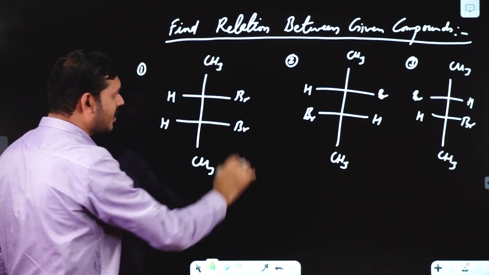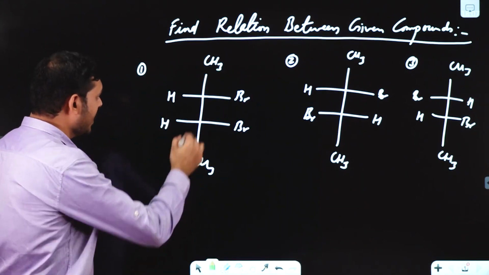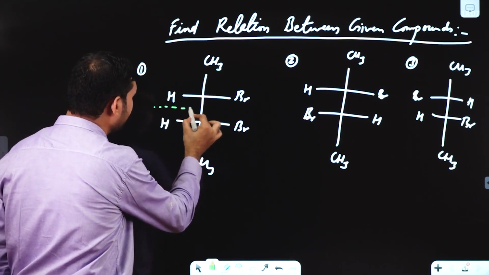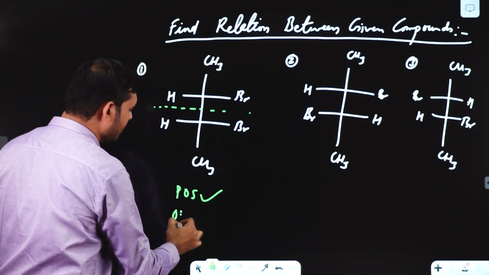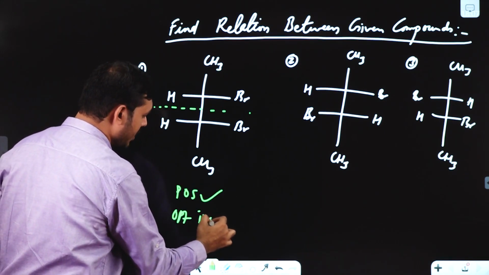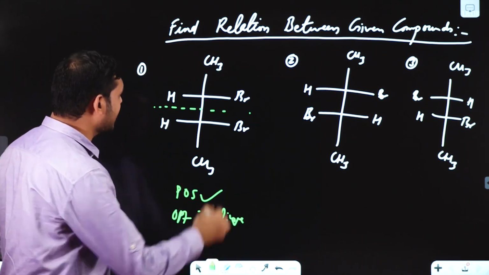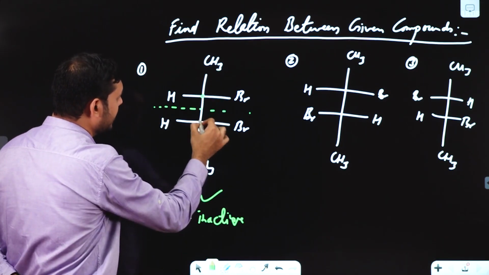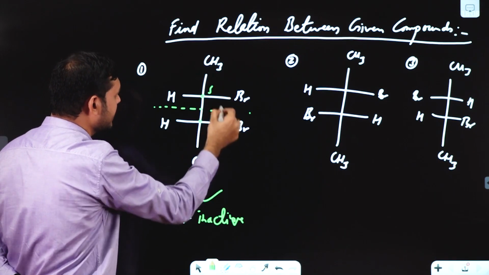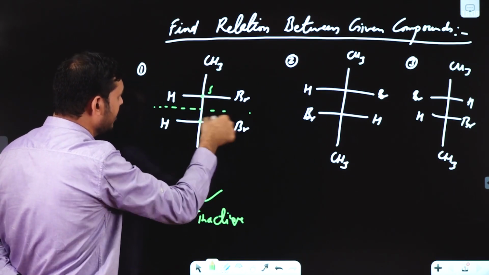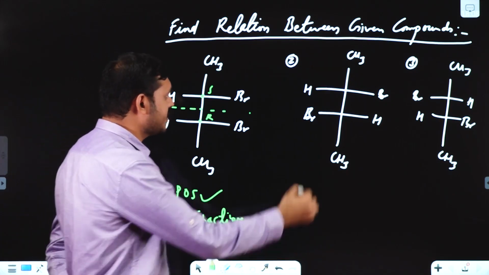If I see this compound, here I am using all the concepts studied till date. This compound has a plane of symmetry, so it is optically inactive. Now if I check the RS configuration here, this one is 1, 2 this side, clockwise, reverse, anti-clockwise, S. Now this one is 1, 2, anti-clockwise, reverse, clockwise, so this is SR. Now check this one.